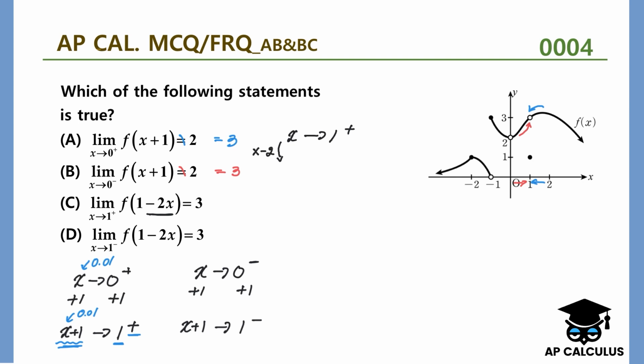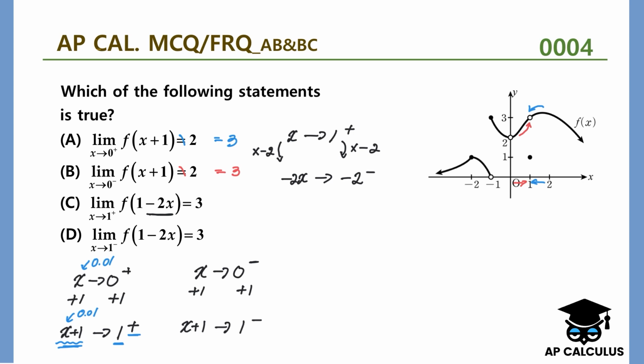Then we have -2x approaches 1 times -2, that is -2. When a negative number is multiplied, the direction actually changes. So -2x approaches -2 from left hand side.